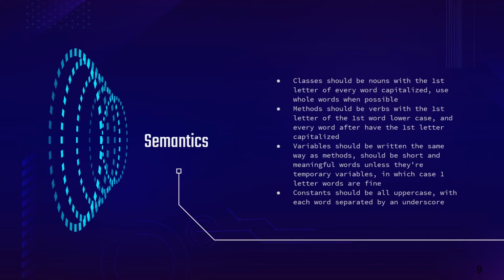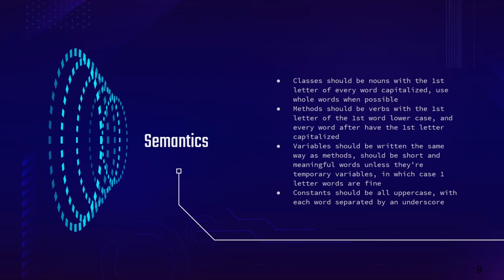Methods should be verbs with the first letter of the first word lowercase. Sometimes people do uppercase, it doesn't really matter. And every word after the first is capitalized. Variables should be written the same way as methods, however, usually people write these lowercase then uppercase. And they should be short, meaningful words unless they're temporary, in which case you could just use one letter.